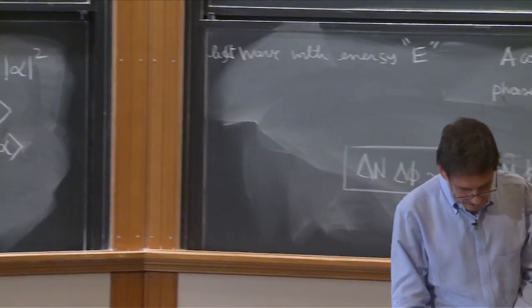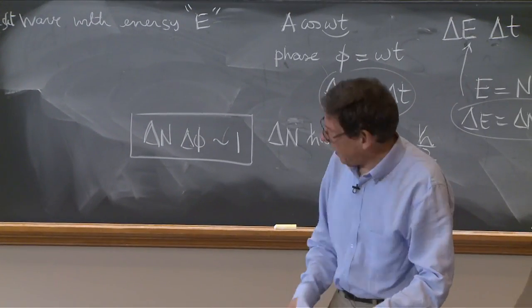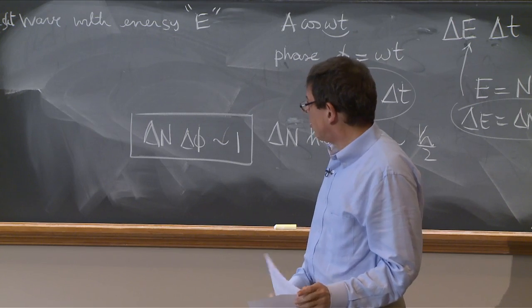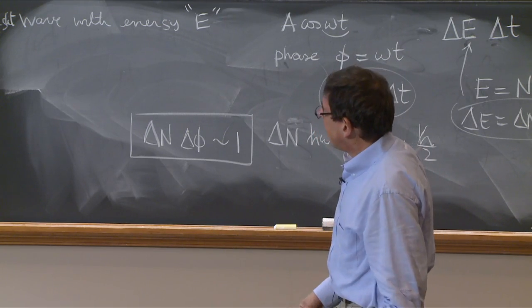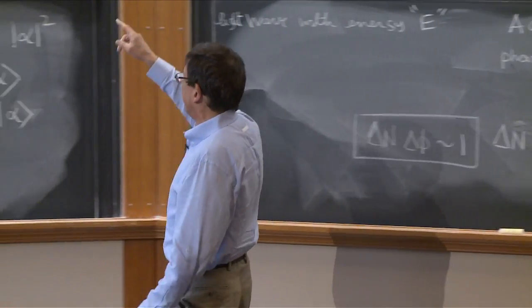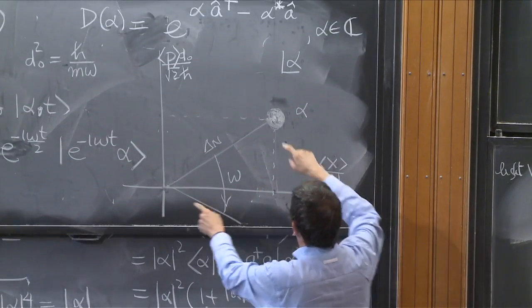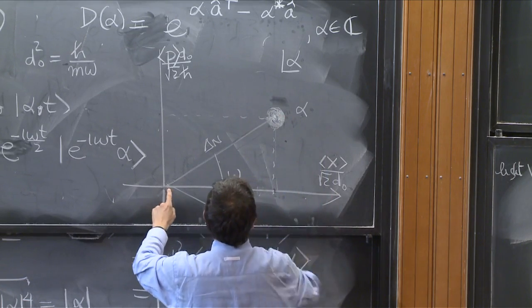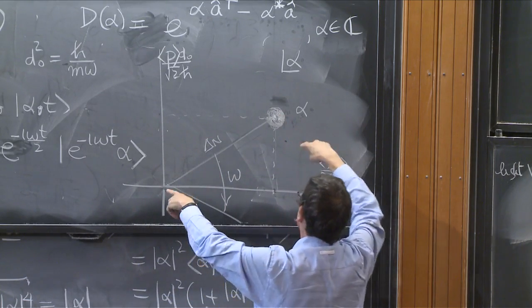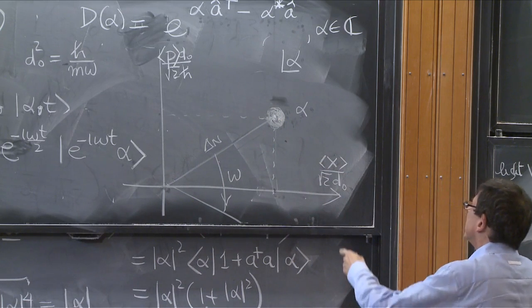So, what else can we say? Well, this picture is useful because now I can be a little more precise here. This thing is rotating. That is the time evolution of your coherent state.